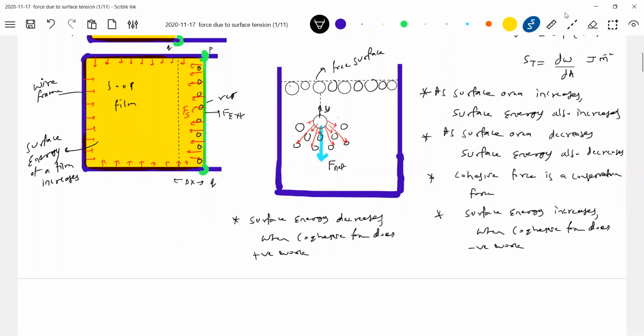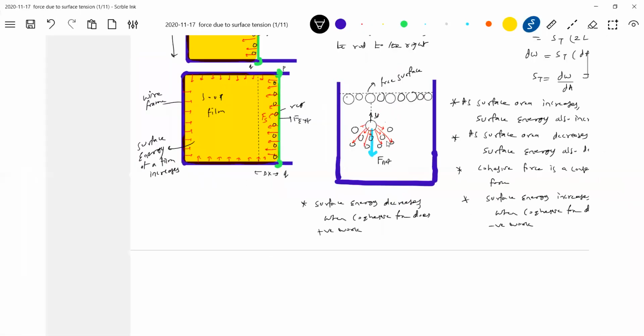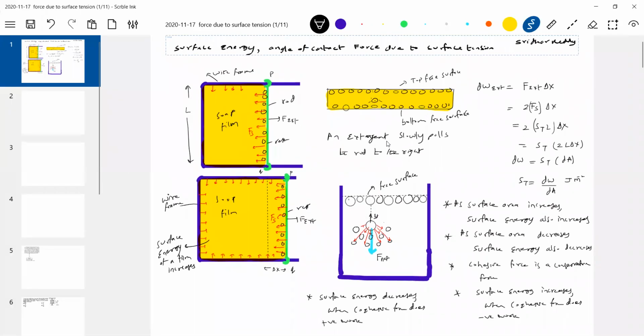Okay, fine. So these are the very important things now. So like this, what happened? To construct a surface area, you have to do work. Yes, we have to do work here. The external agent has to do positive work because as surface area increases, surface energy will increase. So now tell me, the work the external agent did, where has it gone? It got converted into an increase in the surface area, or surface energy, of the liquid here.